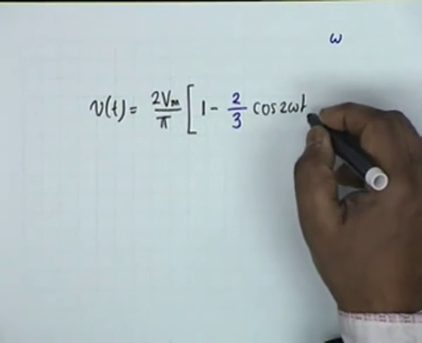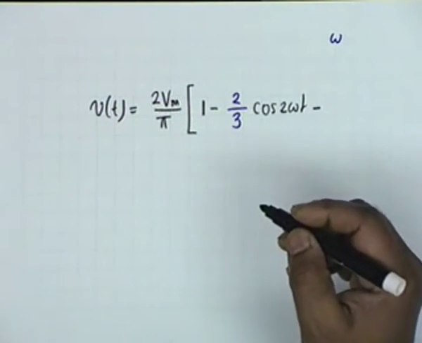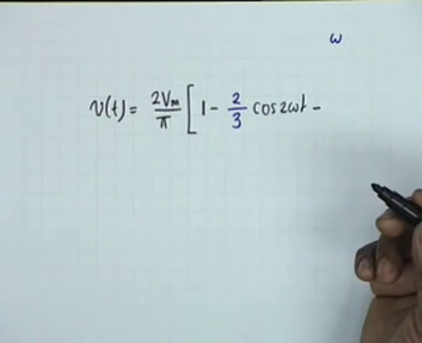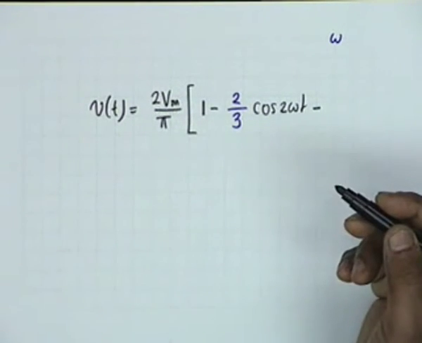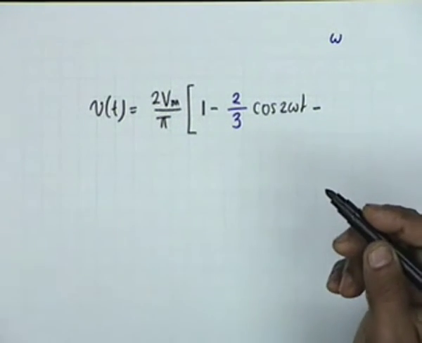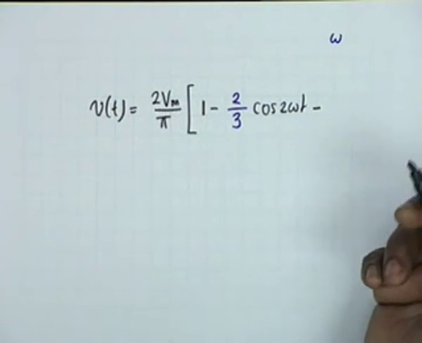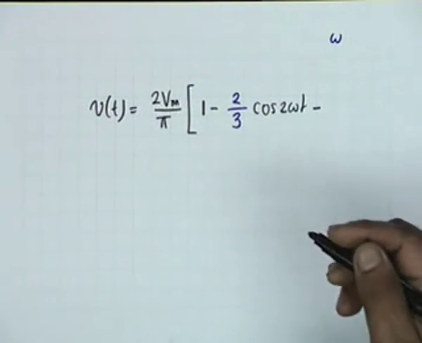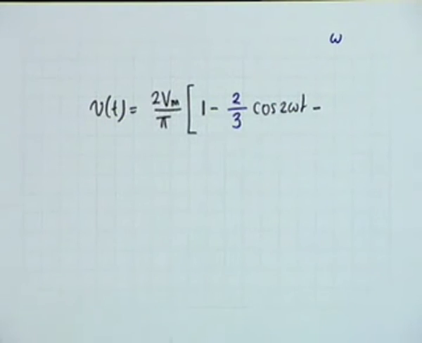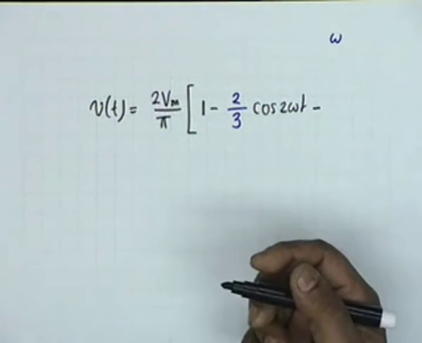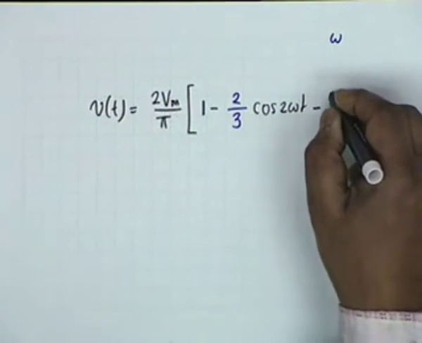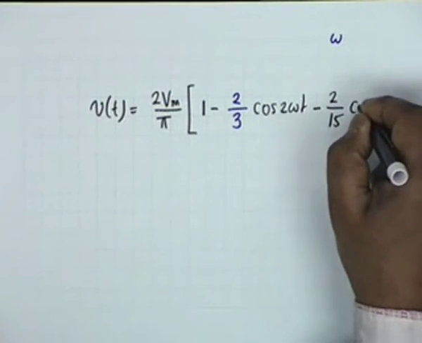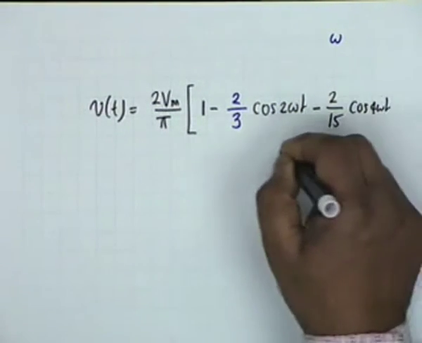Then in the full wave rectified waveform, it is only even frequencies which are there, because the fundamental of the rectified waveform is 2 omega, and therefore you have 4 omega, 6 omega, 8 omega and so on. You can't have a 3 omega component. So you have 2 by 15 cosine 4 omega t and so on.